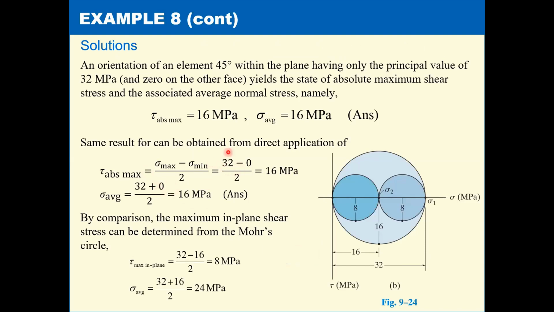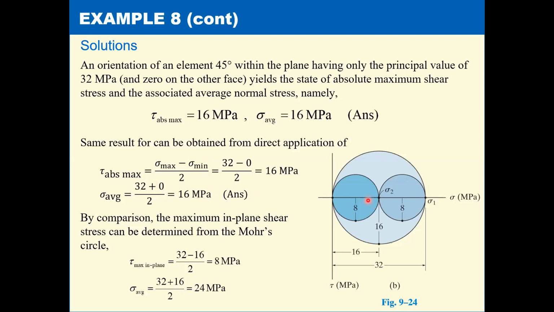So you would have 32 minus 0 divided by 2. Your absolute maximum shear stress is 16 megapascals. And that's going to occur at your sigma average between those two normal stresses, because that's going to be our center point of our circle.